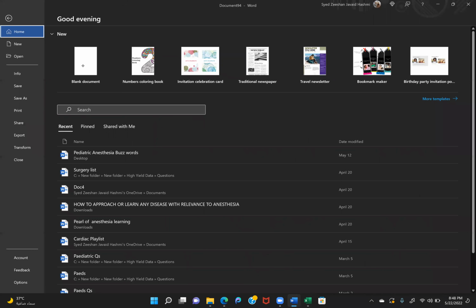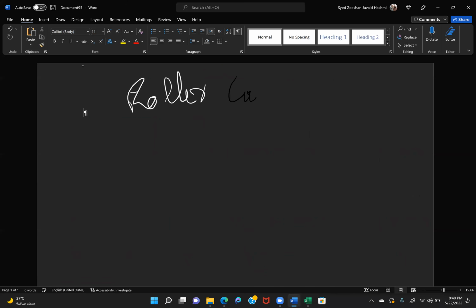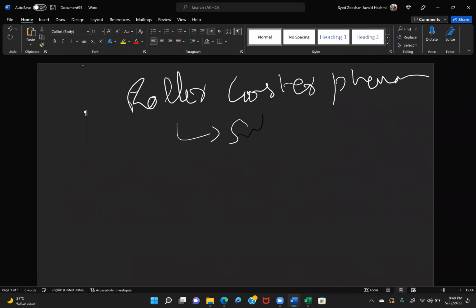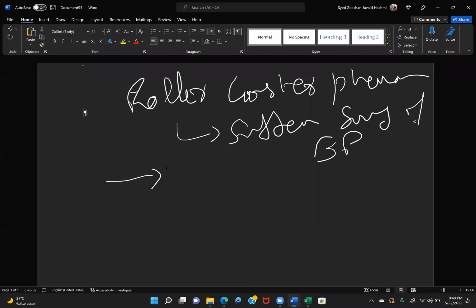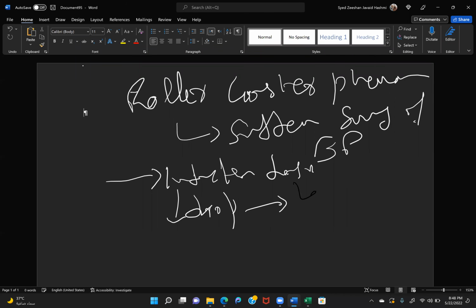The next thing will be the roller coaster phenomenon, which is called sudden swings of BP. You do the laryngoscopy, you give the induction doses, sudden drop. Then you do laryngoscopy, sudden up.